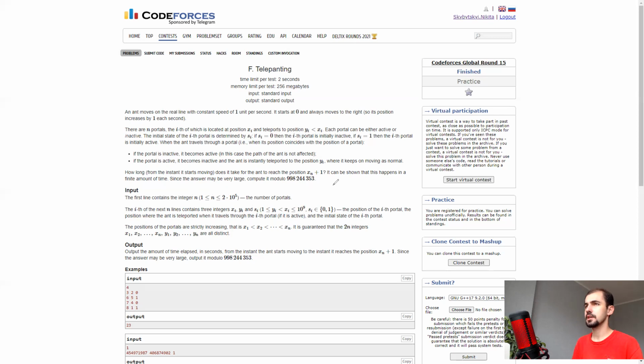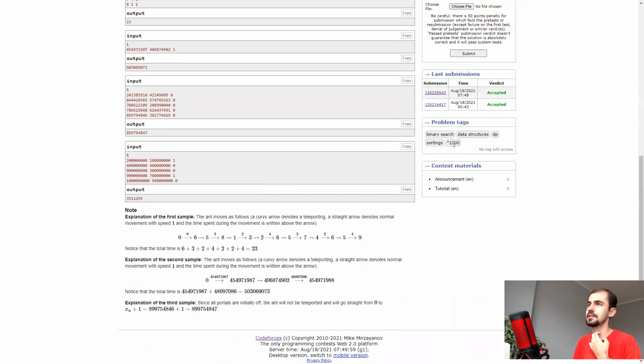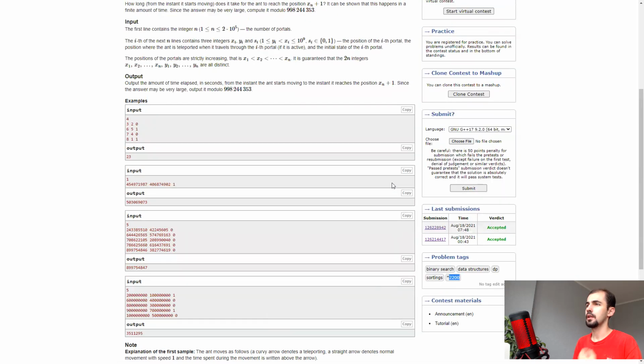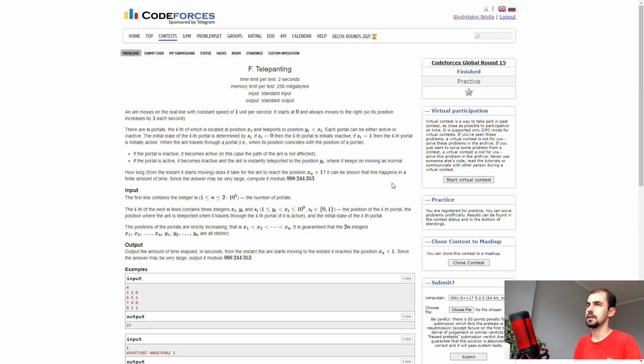Interesting thing that they tell us that you can show that it happens in finite amounts of time, but it may or may not be immediately obvious why this happens. And I mean, this problem is 2200 rated, so not as easy, but also not so complicated, but definitely not very easy.